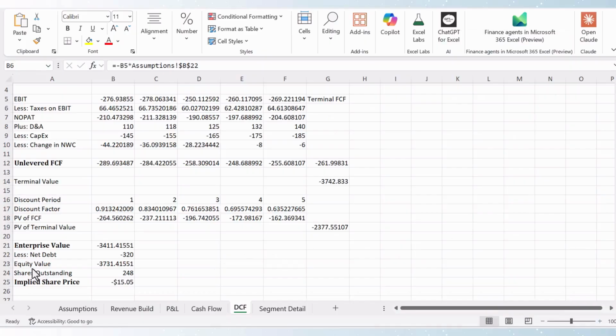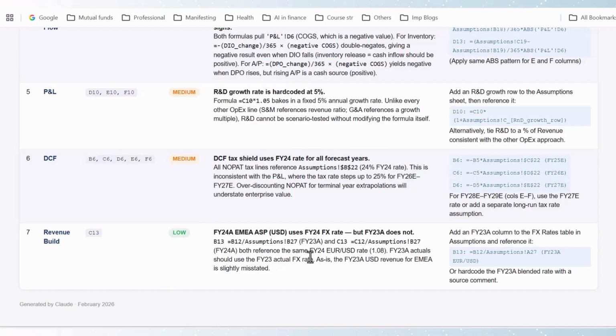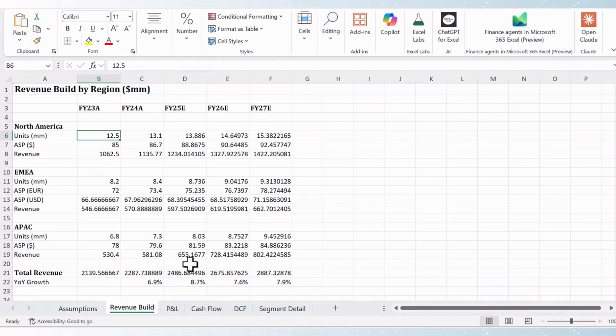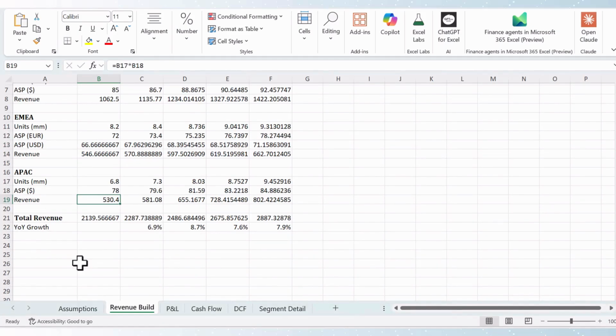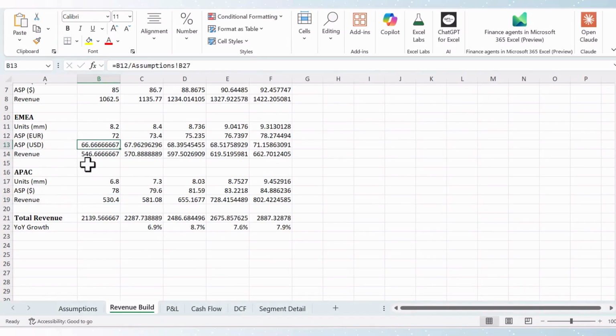And then our revenue build tab, which says average selling price USD uses 24 FX rate. Okay. Often, while converting the transactions from one currency to other, it is very important to apply the right rate to the right transaction. So here, FX rate has been incorrectly applied to cell C13, which is here.